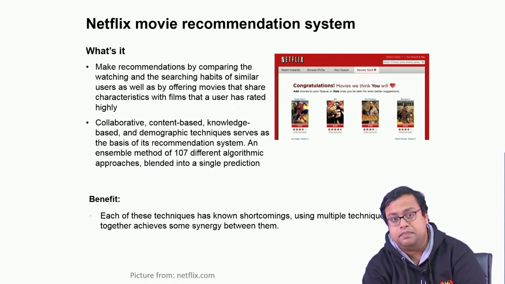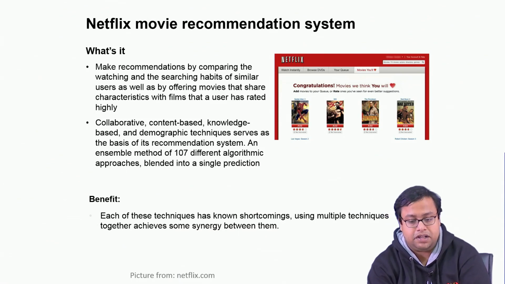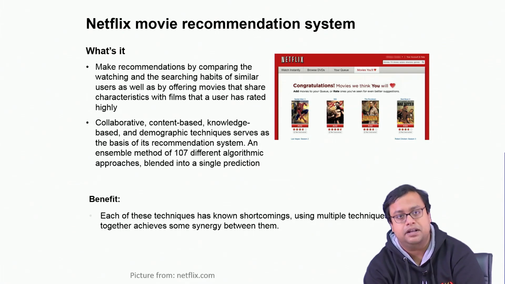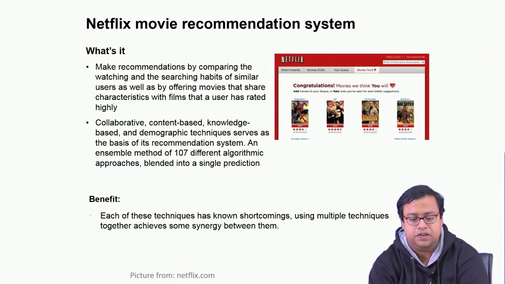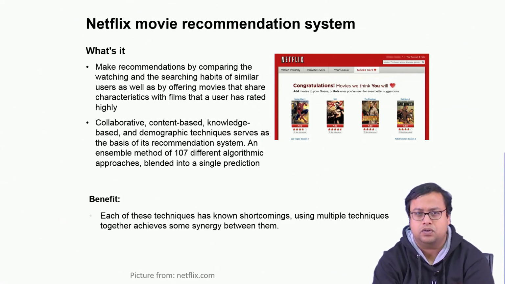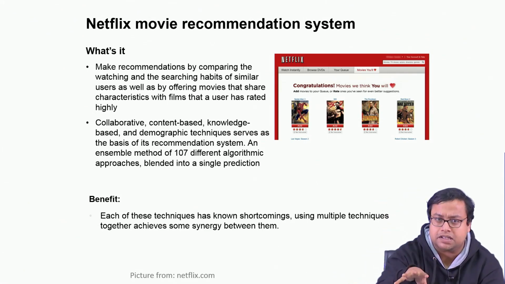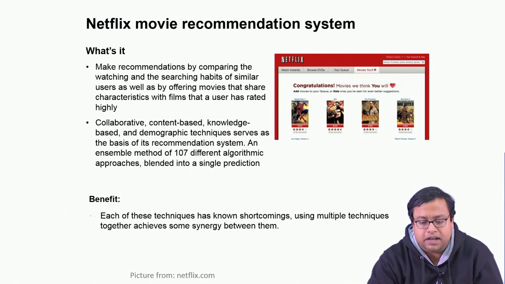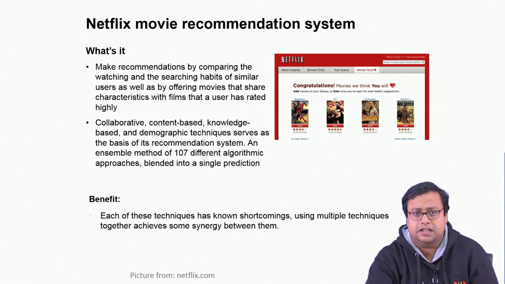Netflix's movie recommendation is based on ratings. It makes recommendations by comparing the watching and searching habits of similar users, as well as by offering movies that share characteristics with films that a user has rated. So, both the purchase behavior of the customer and the content. So, they create a hybrid model. Collaborative, content based, knowledge based and demographic techniques serve as the basis of the recommendation system.